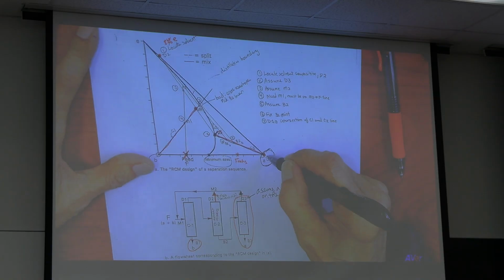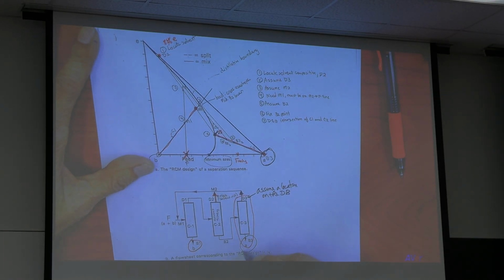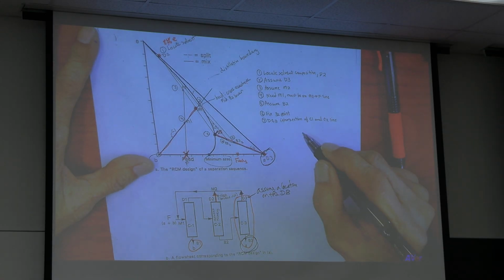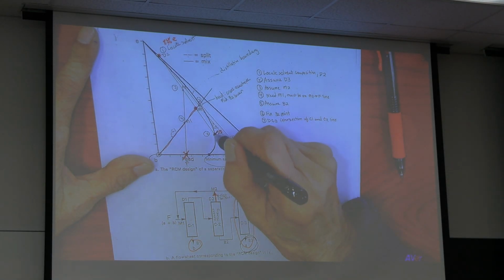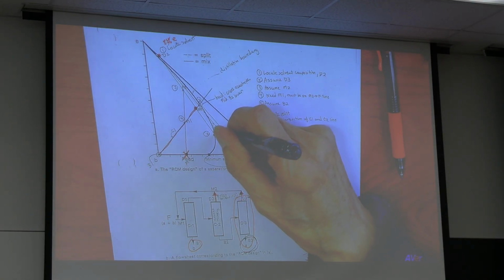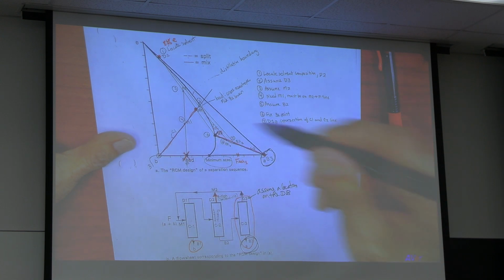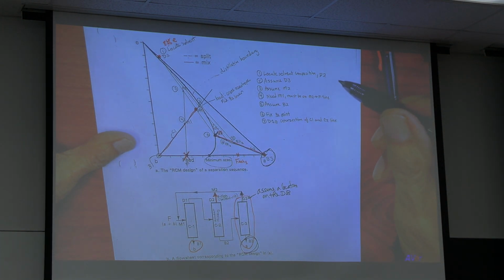So, B3, that is A. I put D3 on the distillation boundary, the same region as the last problem. Okay? Same region, last problem.